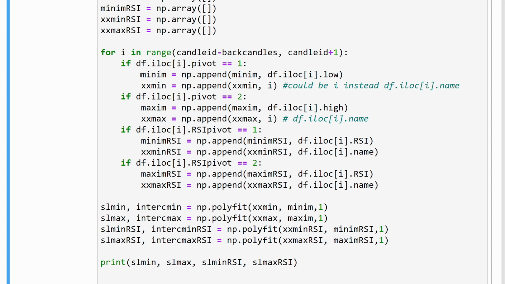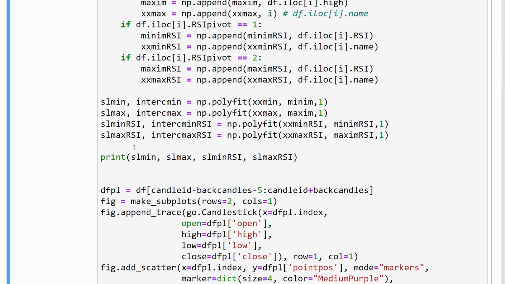If it's the case, we are going to append its coordinates into the minimum and the XX minimum NumPy arrays that we have predefined. The same thing, we're going to test if it's a high point, and we're going to add the values in the corresponding arrays. Same thing for the RSI, if it's a low RSI pivot point, and if it's a high RSI pivot point, we're going to add all these points, their coordinates, into the corresponding NumPy arrays.